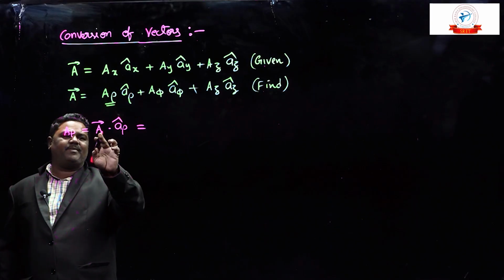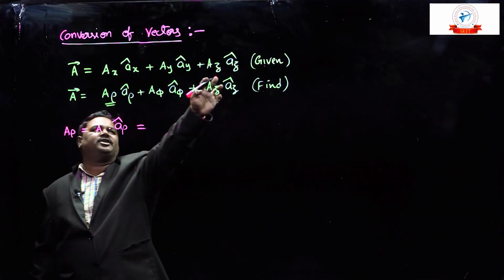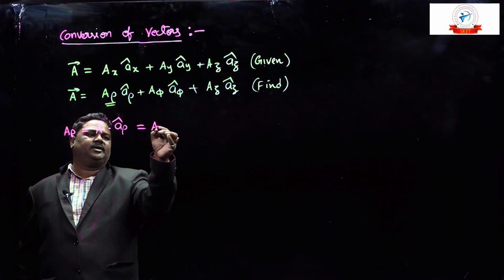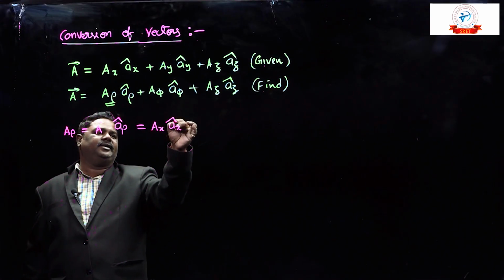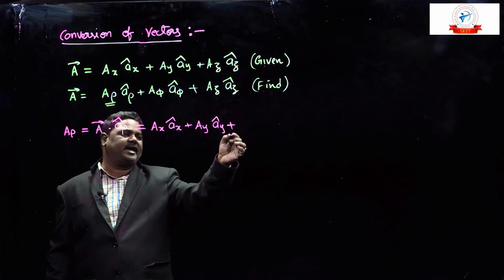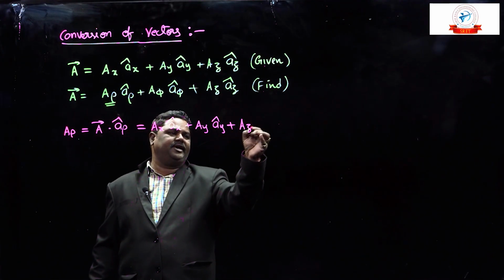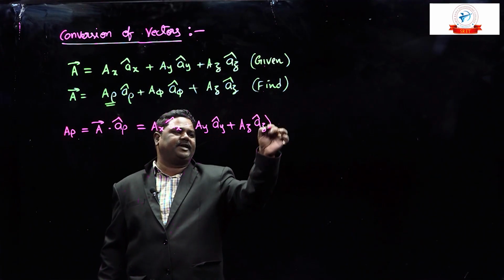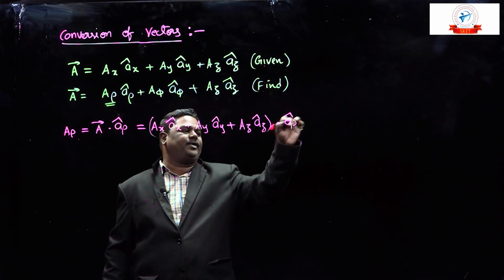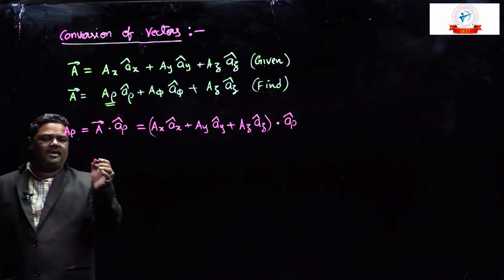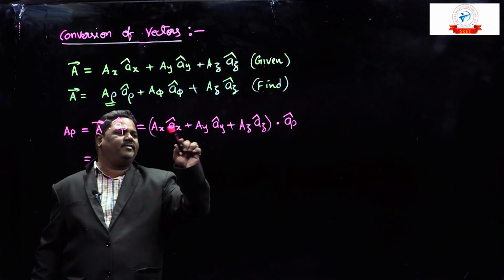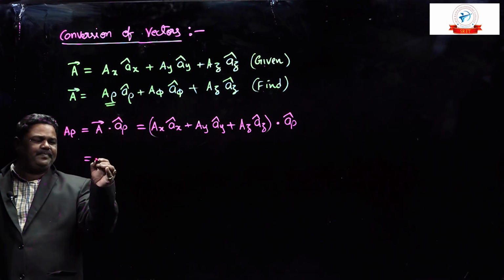But we know that a bar is given to us in Cartesian coordinate system, so I substitute a bar in Cartesian coordinate system, that is ax ax cap plus ay ay cap plus az az cap, dot a rho cap. Let us evaluate this dot product with all the three terms in a bar, okay.